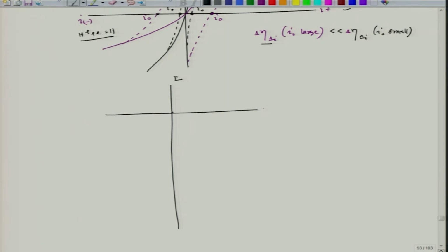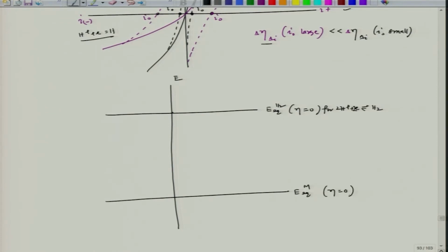So, this becomes E equilibrium hydrogen, and let us say this is the E equilibrium of that metal, and this would be eta equal to 0 for this reaction, and this would be equal to 0 for this reaction.